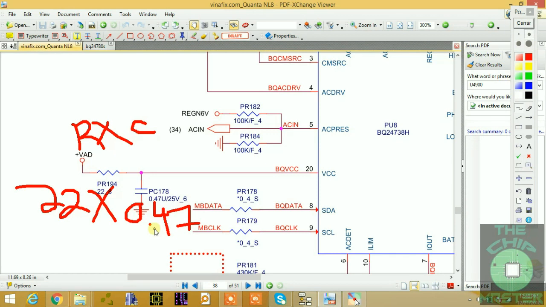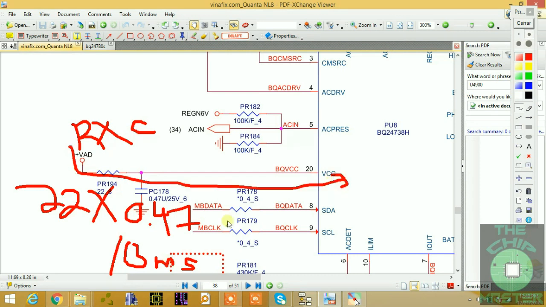Alright, so it's 22 multiplied by 0.47, and that's 10 milliseconds. So it will take 10 milliseconds for it to come to power VCC, because this is calculated in milliseconds, right?